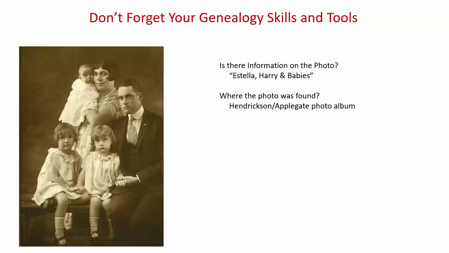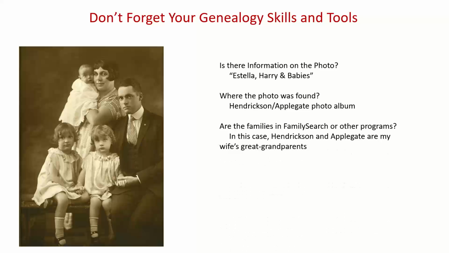So we can narrow that down from there. My wife's done a lot of genealogy on that line. Are any of these families in Family Search? In this case, Hendrickson and Applegate were my wife's great grandparents. So we narrowed that down to Family Search to see what we could find.